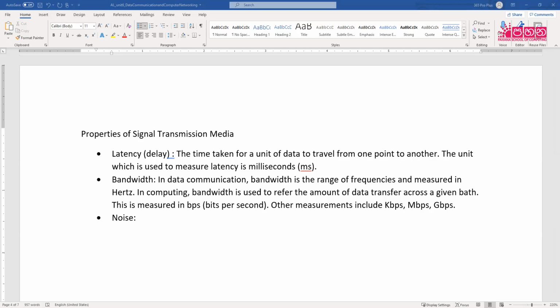We sometimes call them interferences, especially in electronics. Right. Let's write down about the noise.